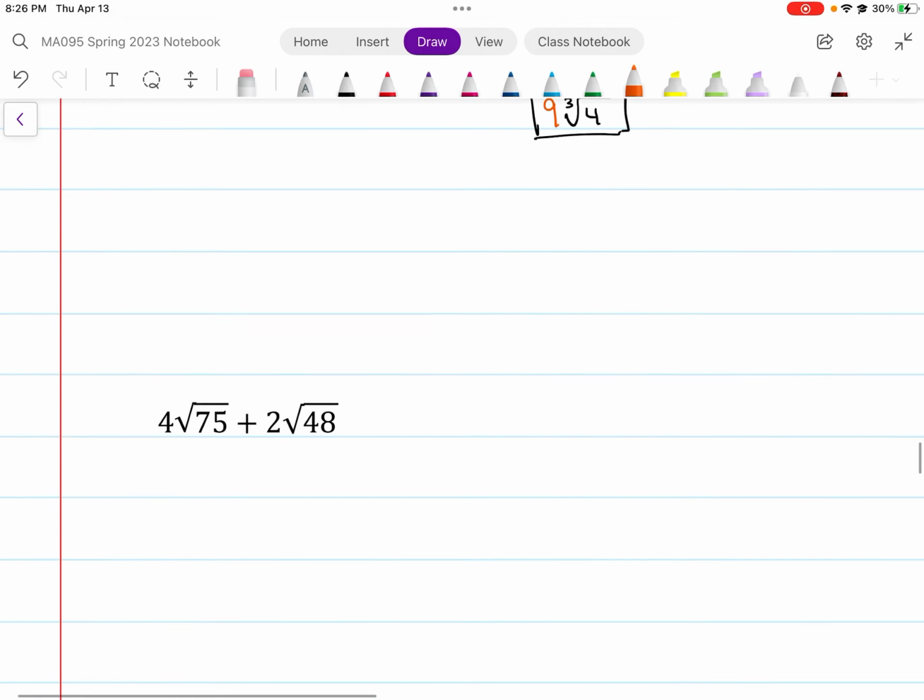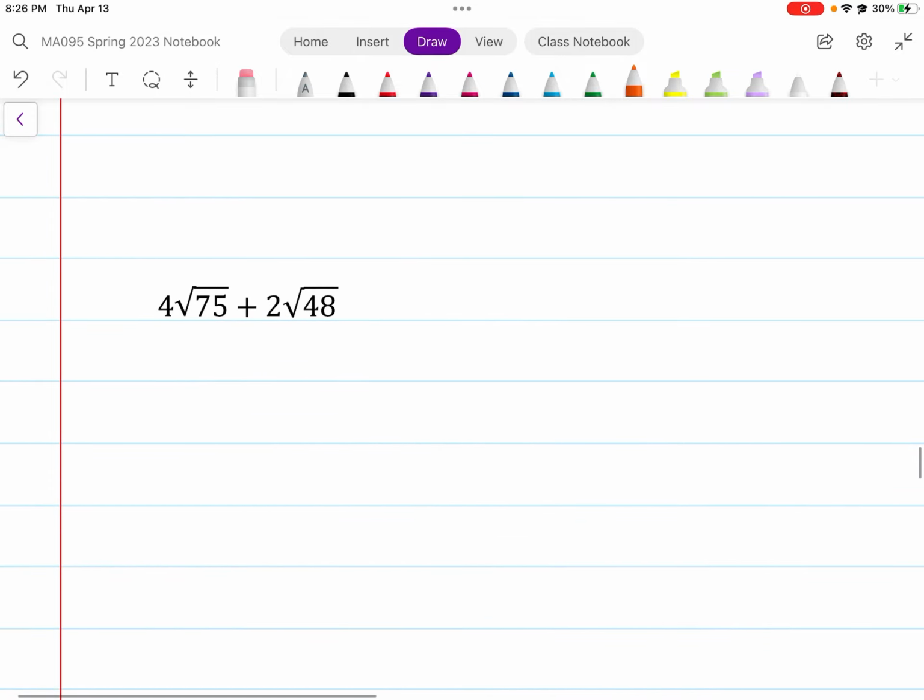All right, so let's try one more. Give this one a try. It's a square root, so it's a little simpler. All right, so there's a 4 out front. I'm going to do it in orange so we keep track of what's in front. And then the square root of 75. Now, we've already done 75, so you might want to look up, or you can try it again. So the 25 comes out as a 5.